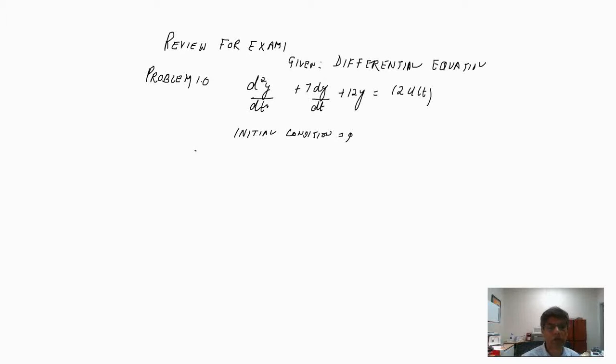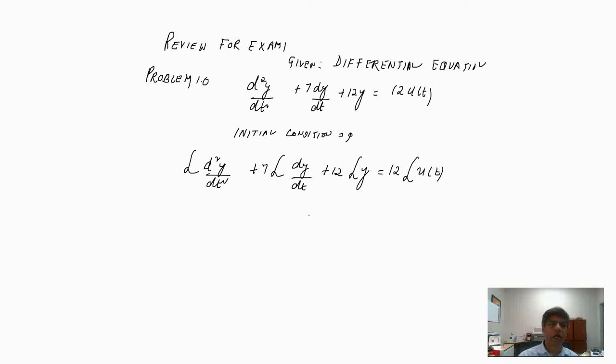Step number 1 is to write the Laplace transform of d squared y dt squared plus 7 dy by dt plus 12y, equal to 12 times the Laplace transform of u of t.